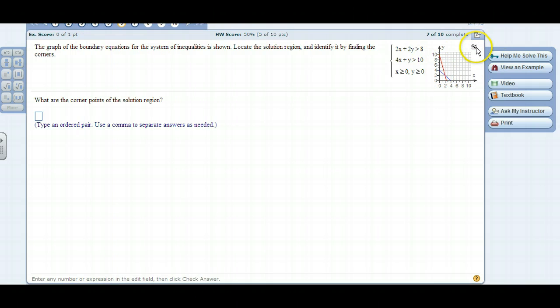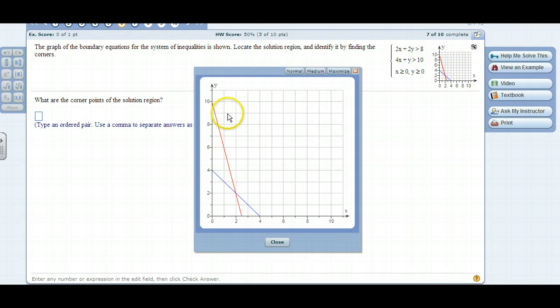So it wants to know what these corner points are. If I'm shading from here down to here, down to here, and then everything over to the right, the points are 0, 10, it looks to be 2, 2, and 4, 0.